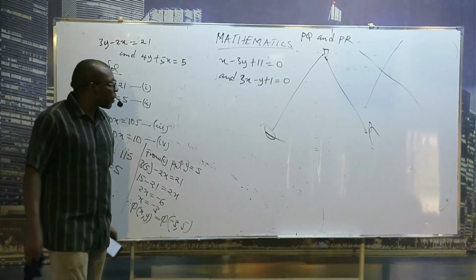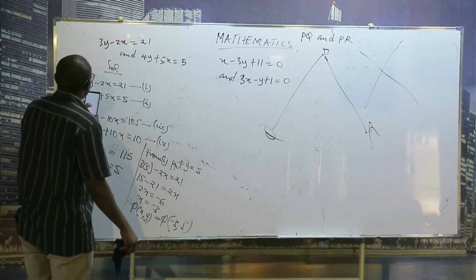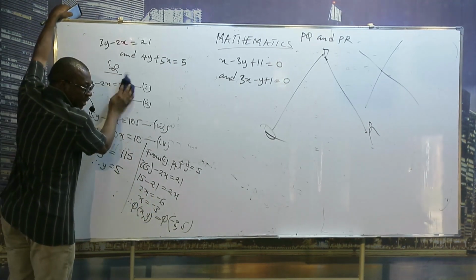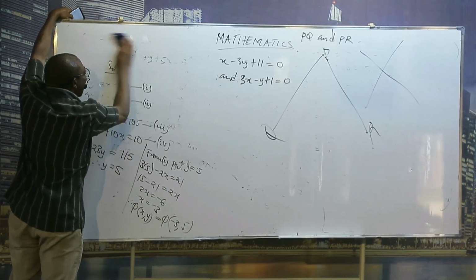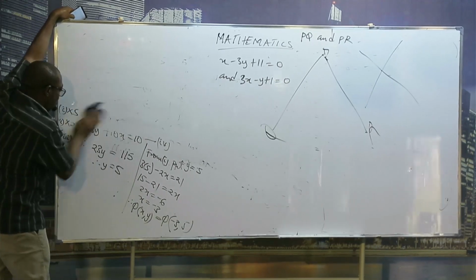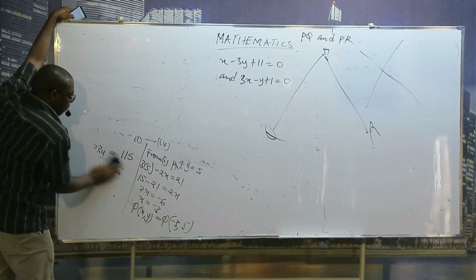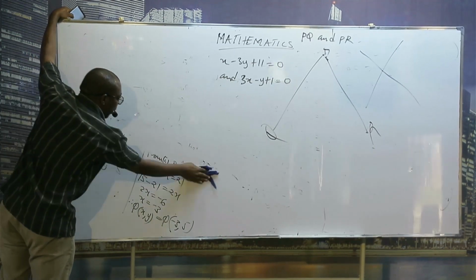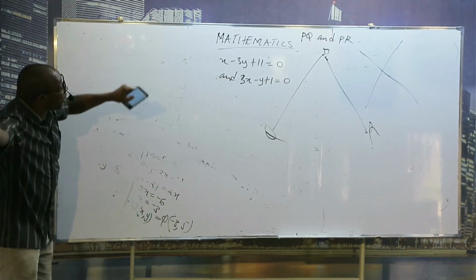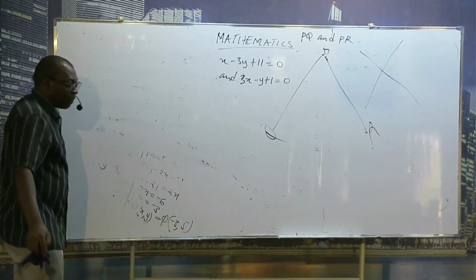Full stop. Find the coordinates of P. So if they tell you to find the coordinate of P, you know that the two lines did what? Intersected.